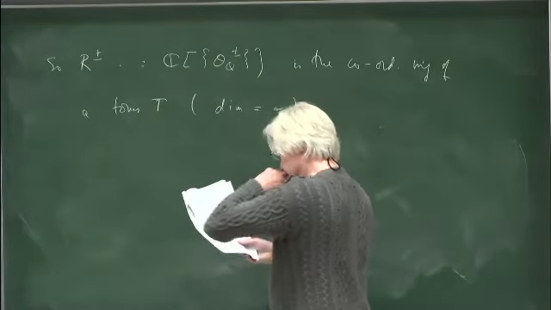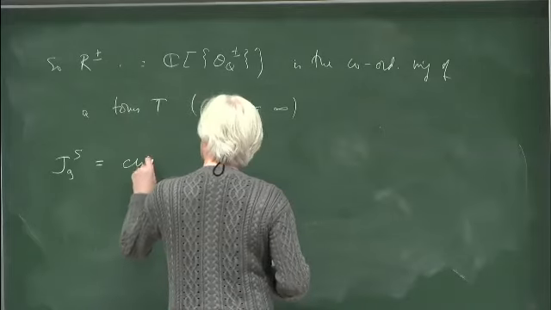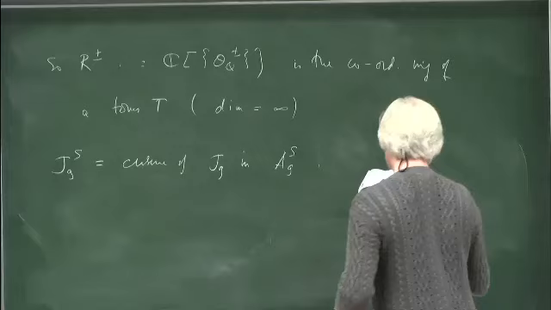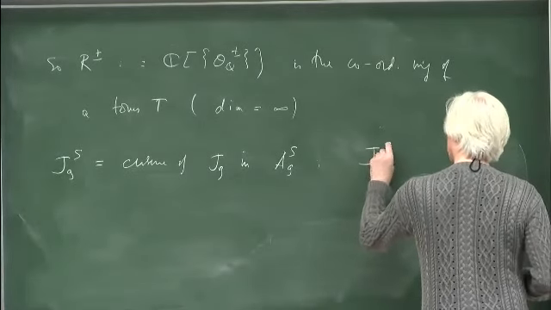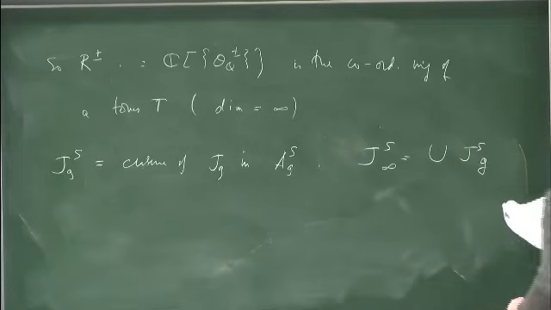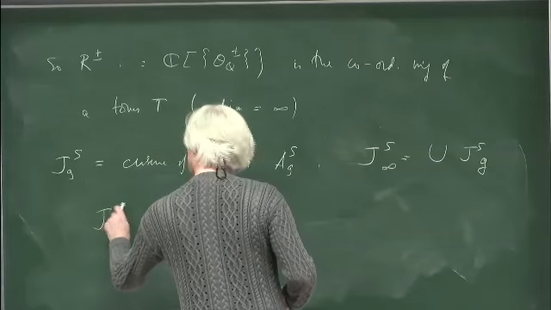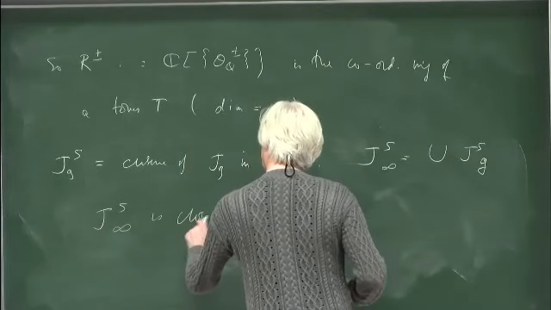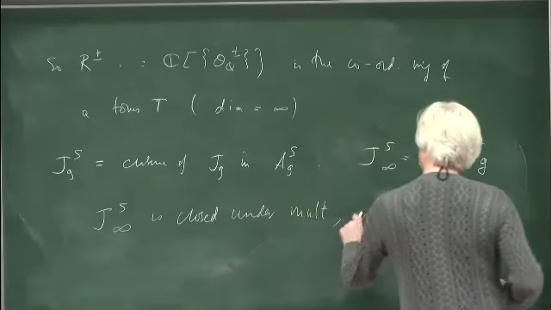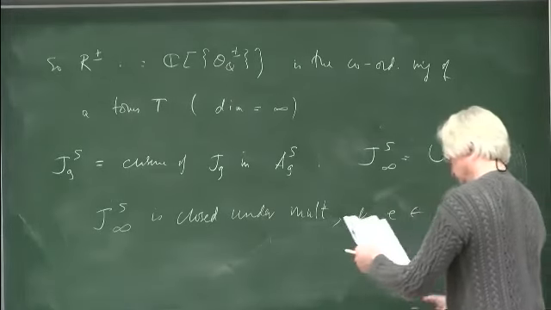Alrighty, so now we introduce Jacobians. If I define JGS equals the closure of JG in AGS, I can then take the union of all of them, and this too is closed under multiplication. And of course it contains the identity.